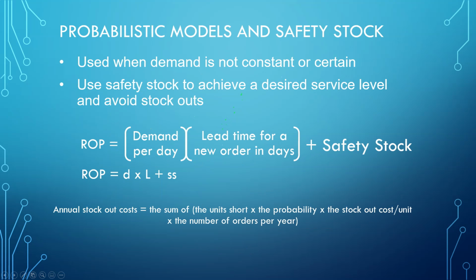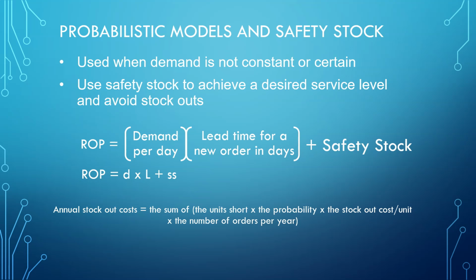When demand is not constant or not certain, we use a probabilistic model, and a safety stock needs to be added to that model. So the safety stock will be used to achieve a desired service level and avoid stockouts. The reorder point will equal demand per day multiplied by lead time for a new order in days plus the safety stock that we added.